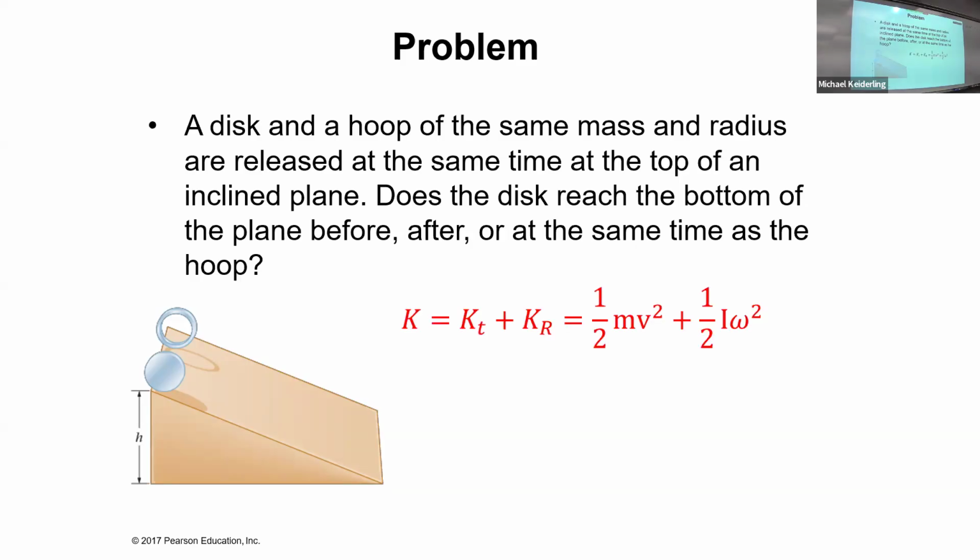Kinetic energy is translational kinetic energy plus rotational kinetic energy, so 1/2 mv squared plus 1/2 I omega squared. That equals potential energy. We want to figure out which of these, the moment of inertia of a disk is 1/2 mr squared. The moment of inertia of a hoop is mr squared.